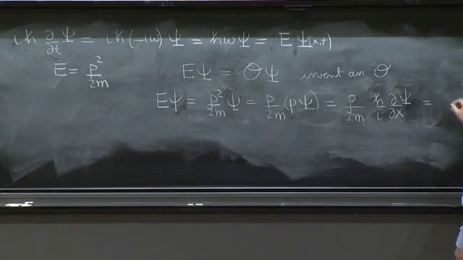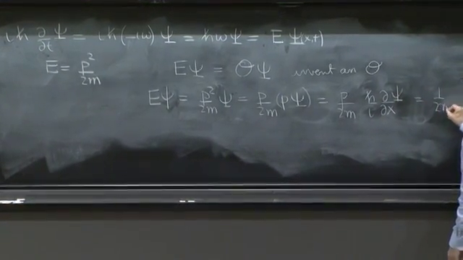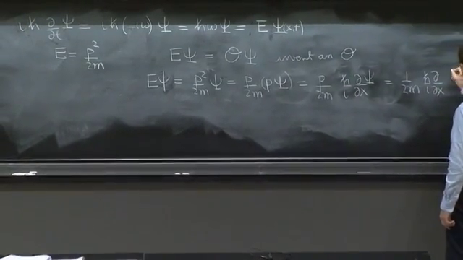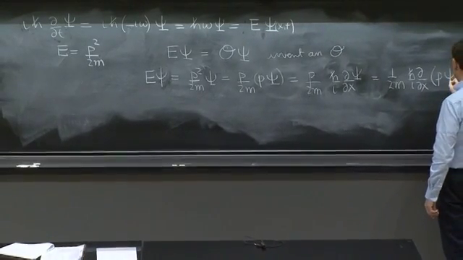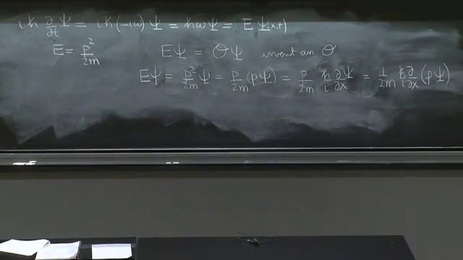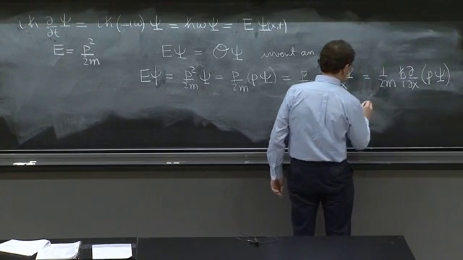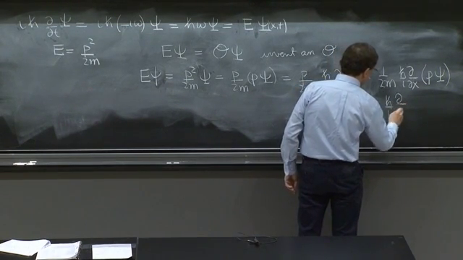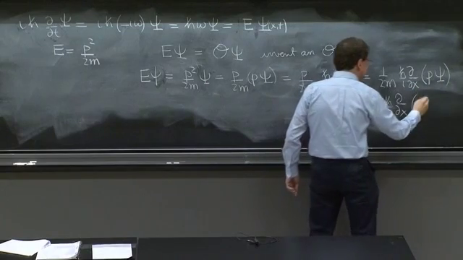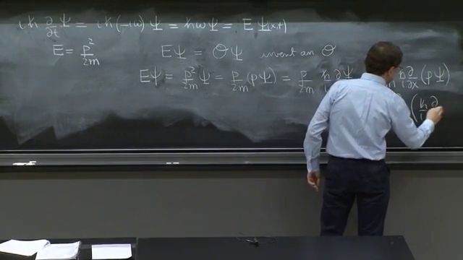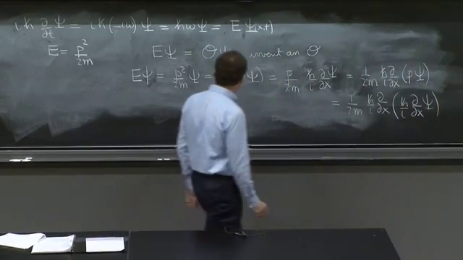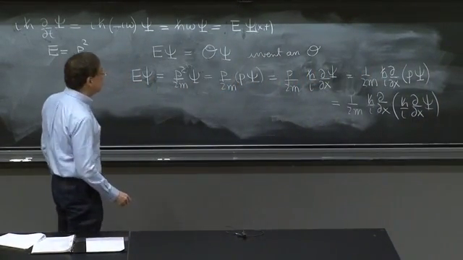So I'll write it as 1 over 2m h bar over i d/dx, and here I'll put p psi. But now p psi, I can write as h bar over i d/dx psi.